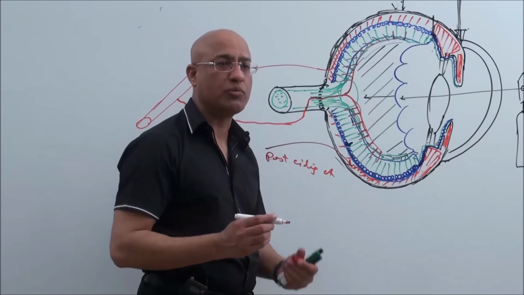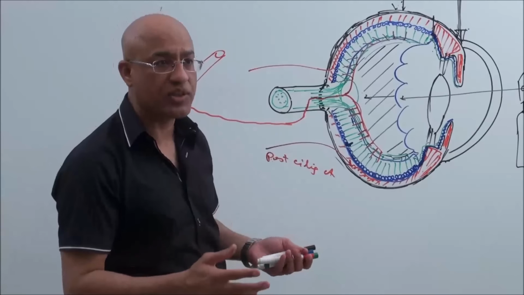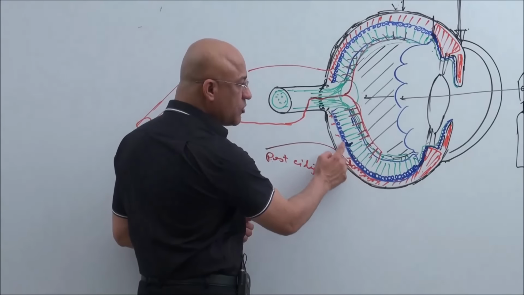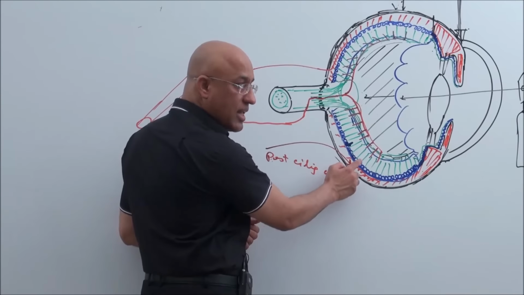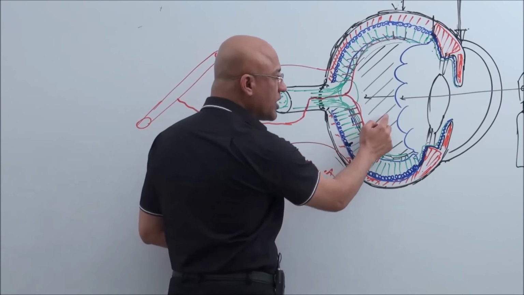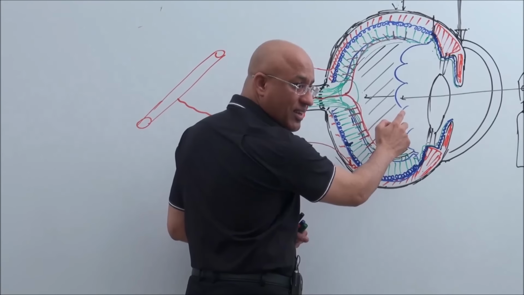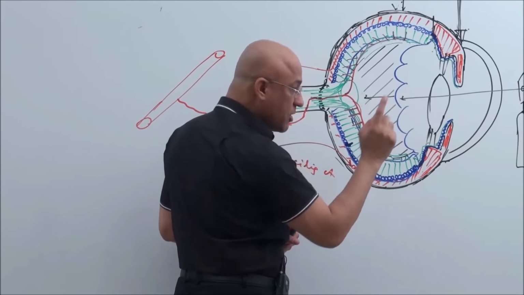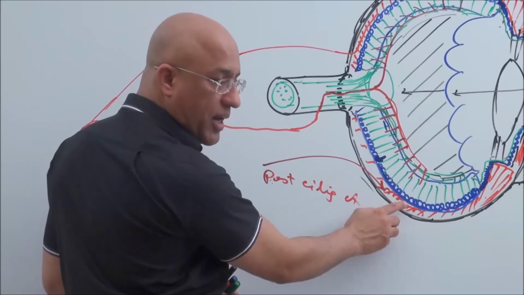Remember, don't get confused. Many students get confused about which is the inner and which is outer. Outer part of the retina is which is towards the sclera. Inner part of the retina is which is towards the vitreous. Is that right? So this is which part of the retina? This one. Outer. And what is this? Inner. Outer part of retina is supplied nutrition and metabolic support from choriocapillaries.